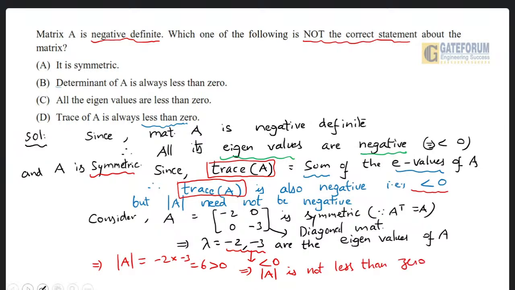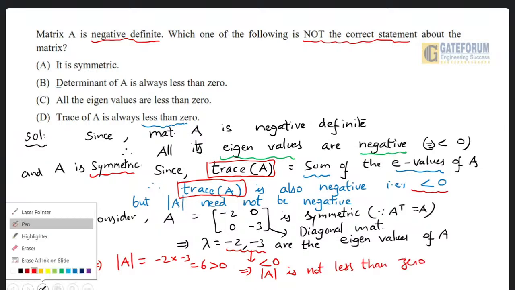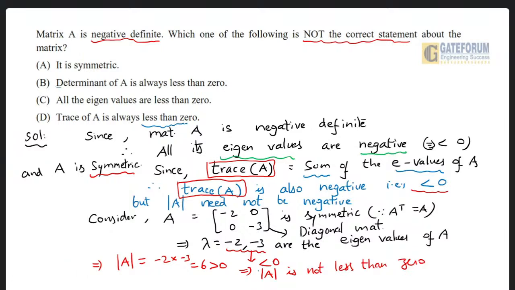Finally, I am highlighting C. So determinant is not less than 0, but in option B, it is given less than 0. Trace A is less than 0, that is correct.